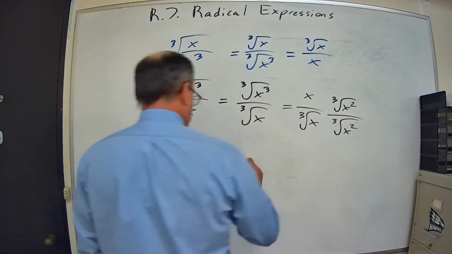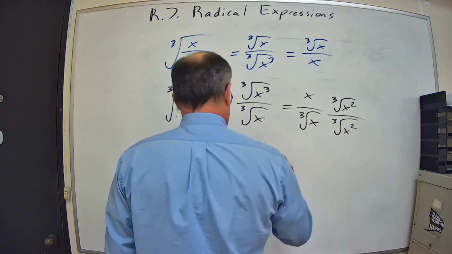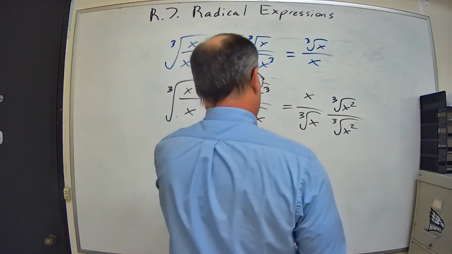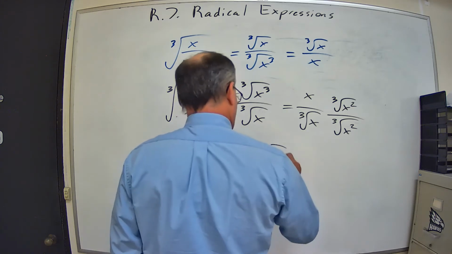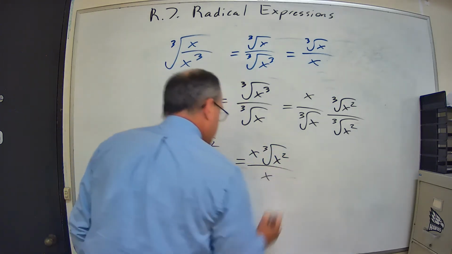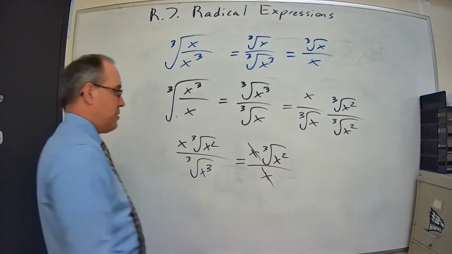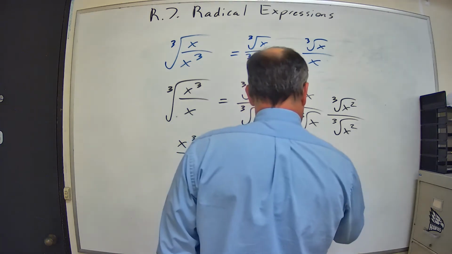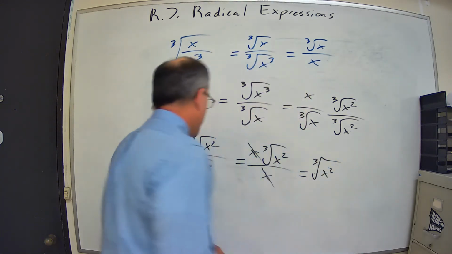That cancels out, gives us x cubed, x times the cubed root of x squared over x. The x's can cancel out, and we end up with the cubed root of x squared.